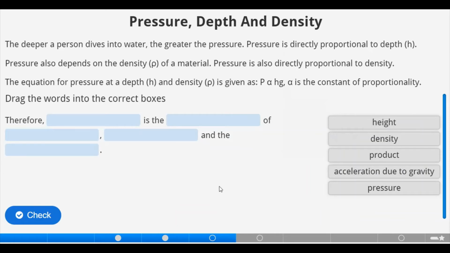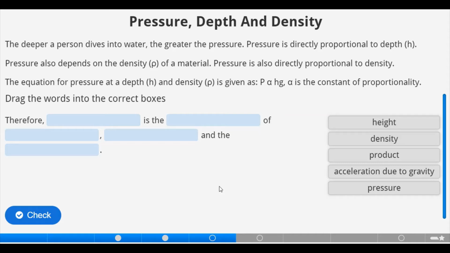Now, pressure, depth, and density. That's the subheading we are moving to now. The deeper a person dives into water, the greater the pressure. Pressure is directly proportional to depth. Pressure also depends on the density of a material. Pressure is also directly proportional to density.